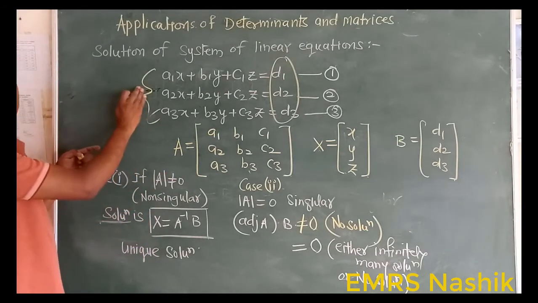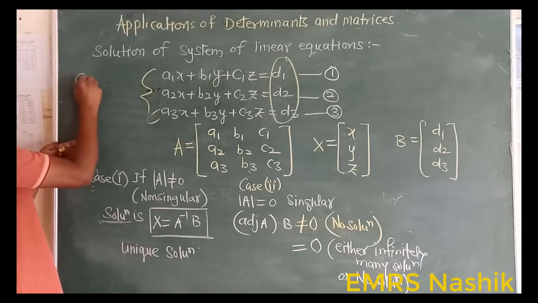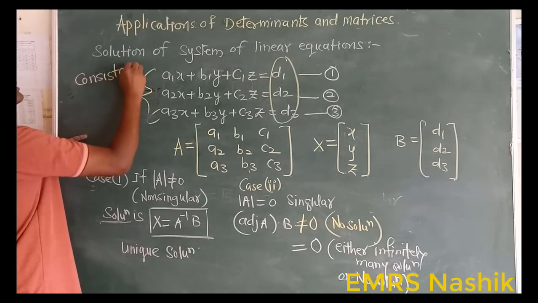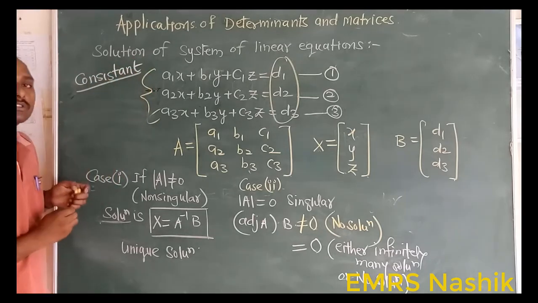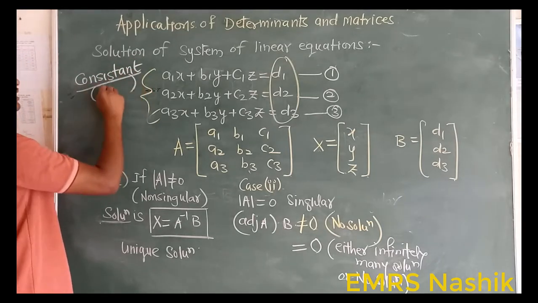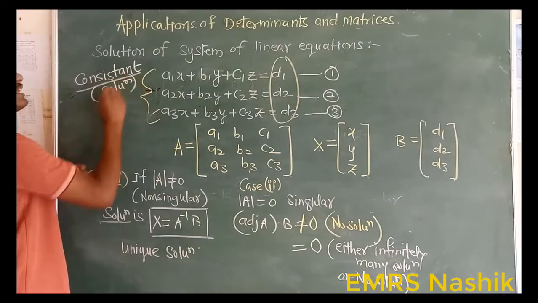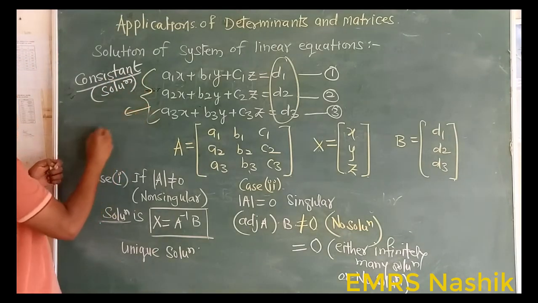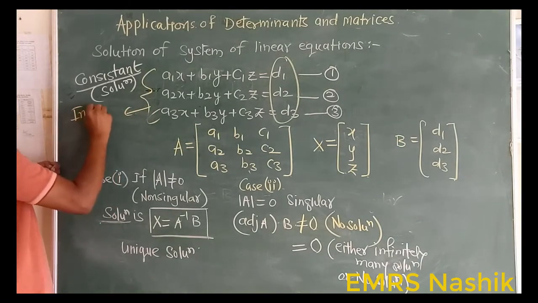If the system has a solution, that system is said to be consistent. And if the system has no solution, then that system is said to be inconsistent.